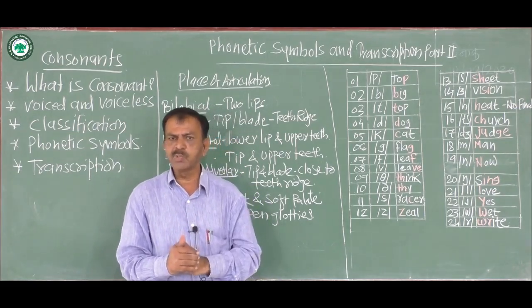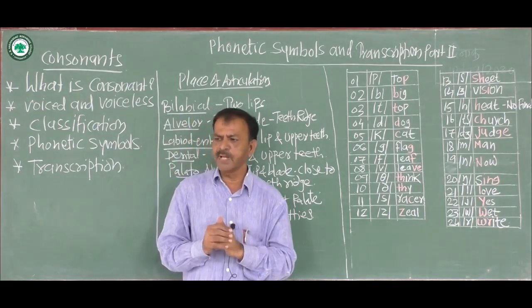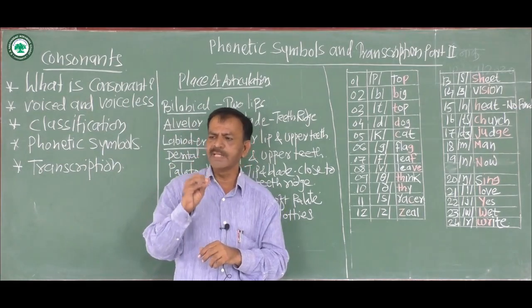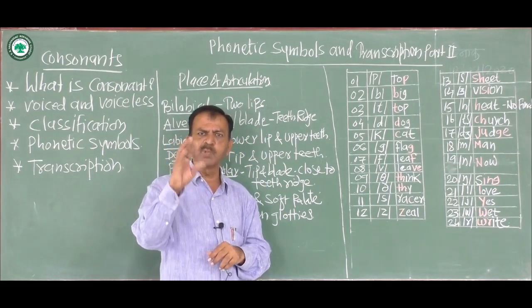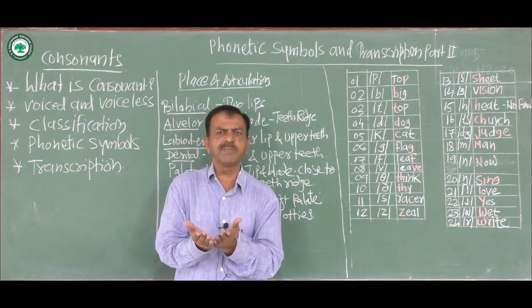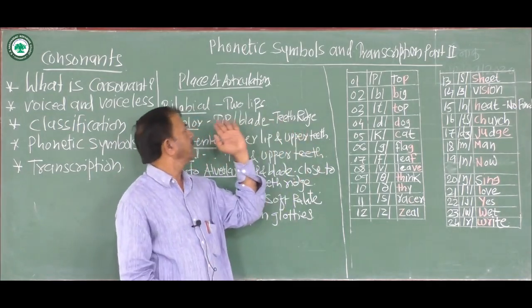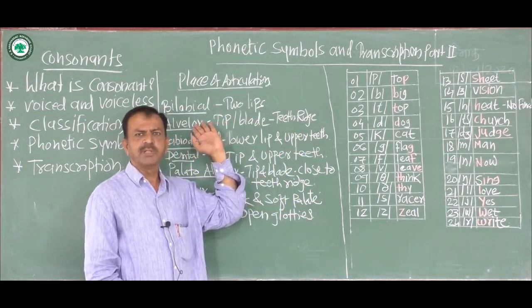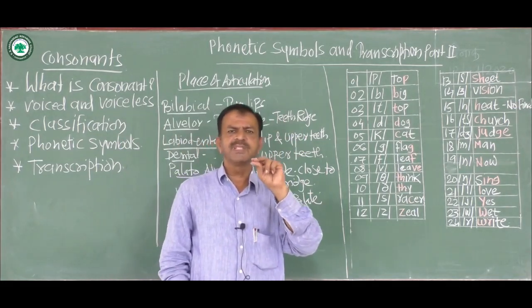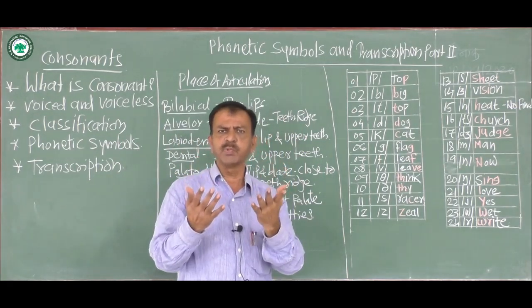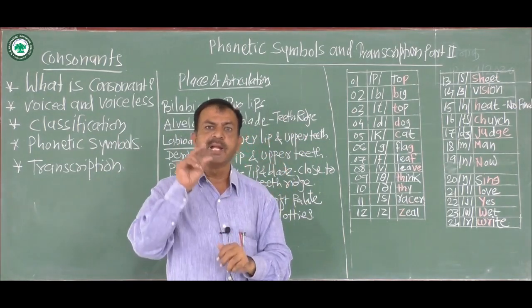Among these plosive sounds, P is called voiceless bilabial plosive, because you studied what a plosive sound is, and you also studied what a bilabial sound is. Bilabial sounds are those produced or articulated by the two lips.